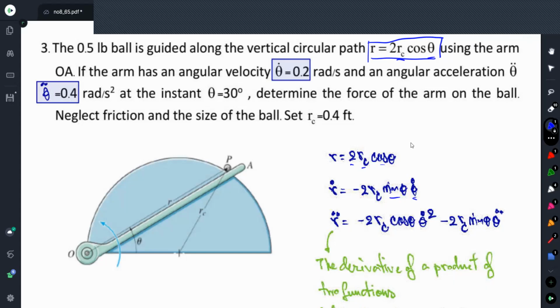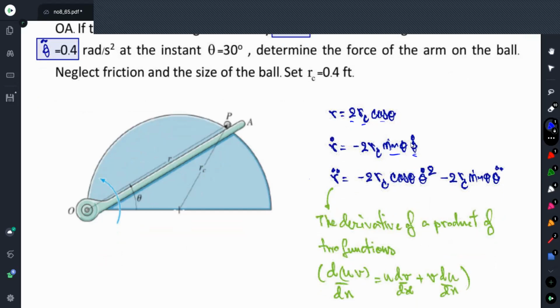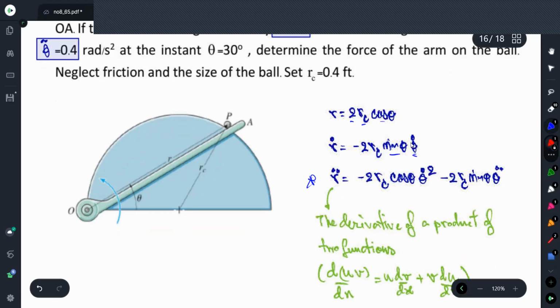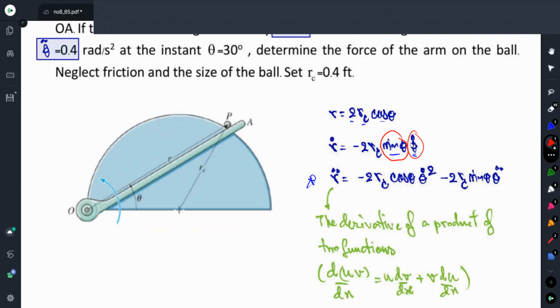This is the mistake that students always make when we take the second derivative of r, that is, the first derivative of r dot. You see that we now have a term with two functions of theta, that is sine theta and theta dot.